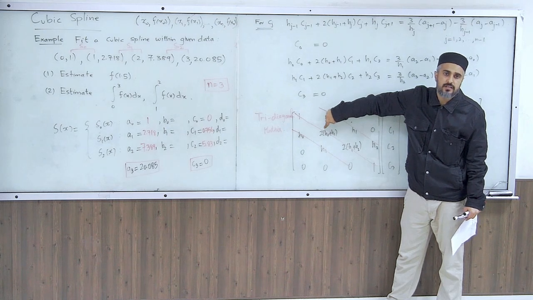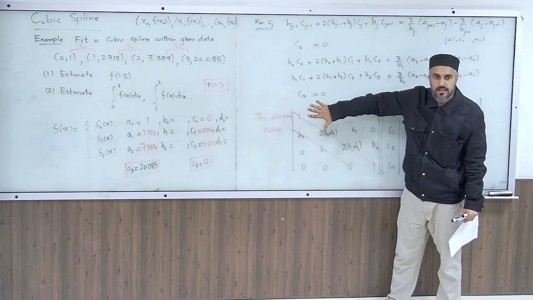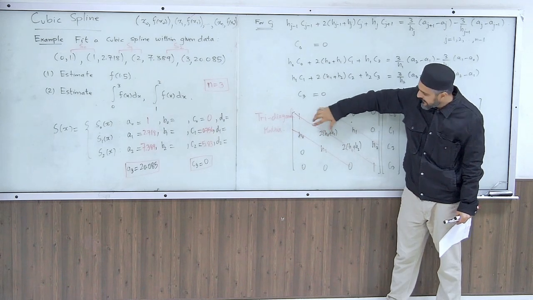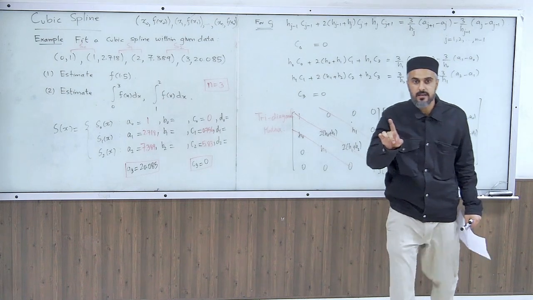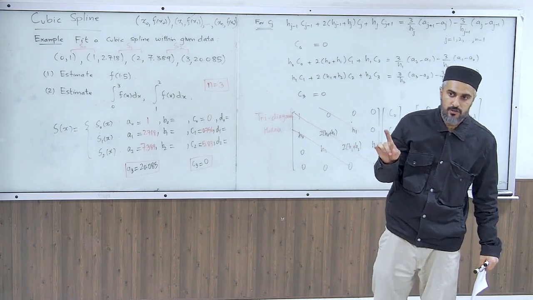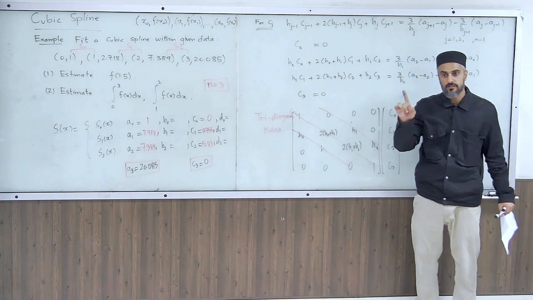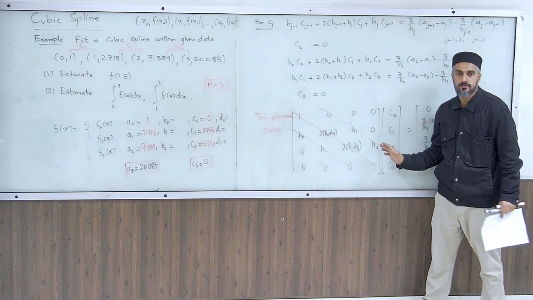Here the H's should always be positive, otherwise we can have a problem. But if the Hj's are positive, then this is a diagonally dominant matrix, and if the matrix is diagonally dominant, you can always find a solution through Jacobi and Gauss-Seidel methods. They are always convergent. So you can always find a solution of these systems.